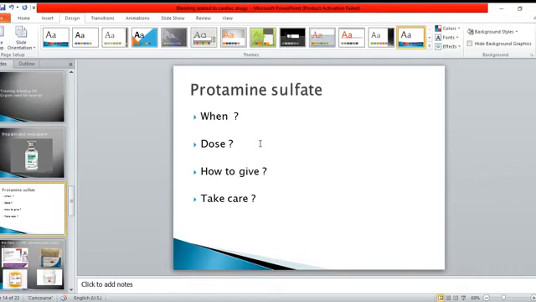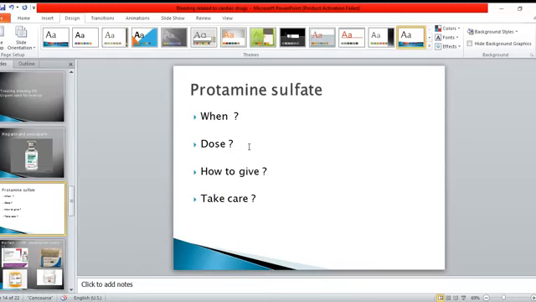So we give it as an infusion or slow IV over 10 minutes, at least 10 minutes for the 50 milligram protamine sulphate. For heparin, usually we give 1 milligram for each 100 units. However, this is dependent on the timing.